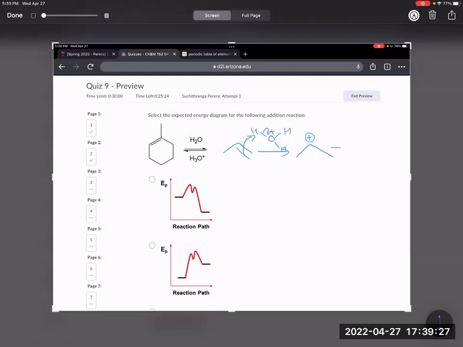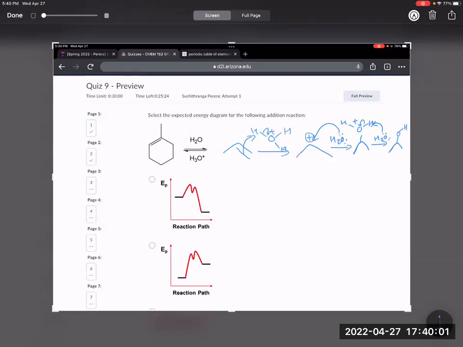In the next step, H2O comes in as a nucleophile, and you get this cation. In the third step, I'm running out of space here, a water molecule comes in and acts as a base, grabs this proton, and breaks this OH bond this way, and that results in our product, which is this.